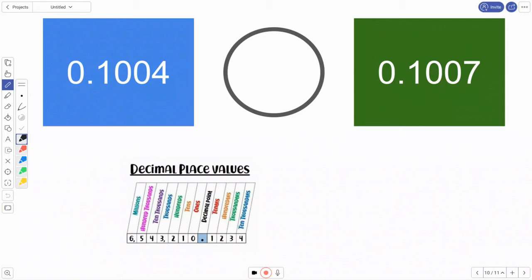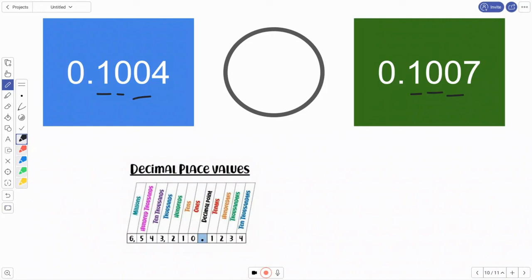All right, let's look at the next one. I look at the first digit. I see a 1 in the blue number, a 1 in the green number. They're the same. They are equal. So we move to the hundredths. There's 0 hundredths in the blue number, 0 hundredths in the green number. They're the same. We move to the next number, the thousandths. 0 in the blue number, 0 in the green number. We have the same amount. Once again, we're moving over every digit.